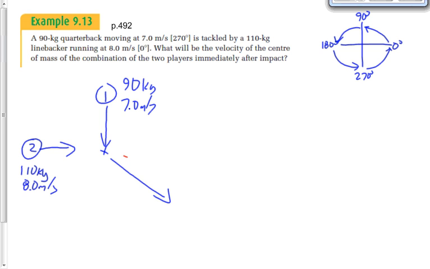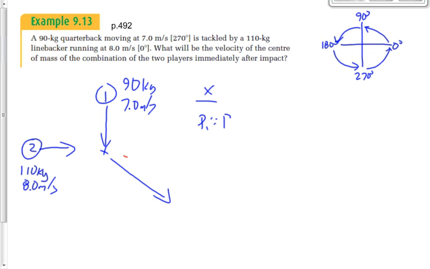This is two-dimensional. If the answer is yes, then you have to break it up into x and y every time. Here's the x component.